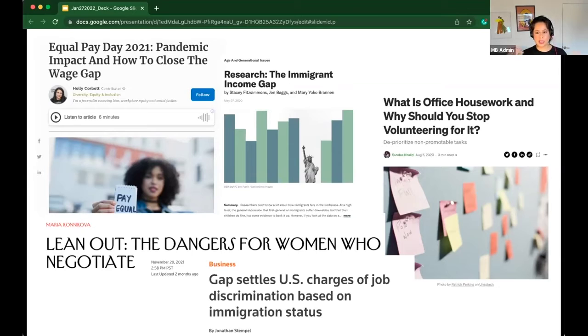You are going to see a CHRO of a company still doing those things, often because that role is occupied predominantly by women. Something that the world of research is paying attention to more and more is the immigrant income gap and the immigrant experience in the workplace.